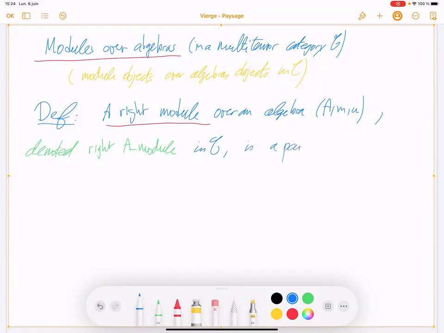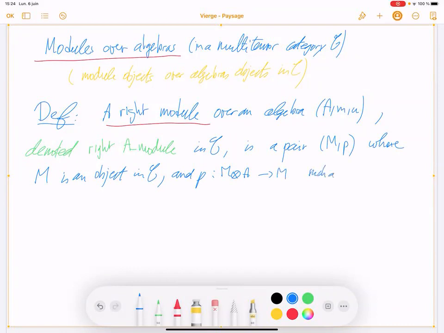So it is a pair (M, P), where M is an object in C, and P is just a morphism, such that the following diagrams commute.